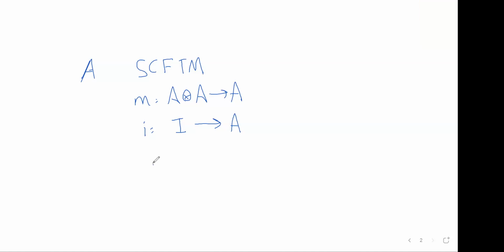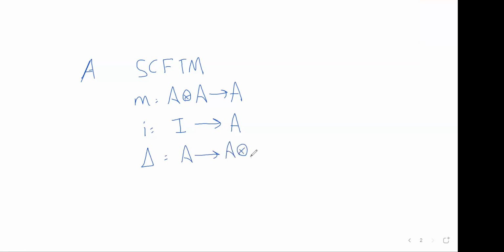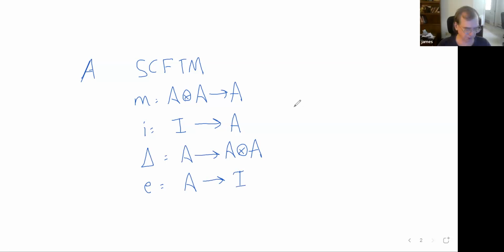I know you're going to be annoyed, but tough. I'm going to write the usual notation for a co-multiplication and a co-unit. I guess I like E. So we've got those guys. Those are important operations because they generate all the morphisms in our theory.